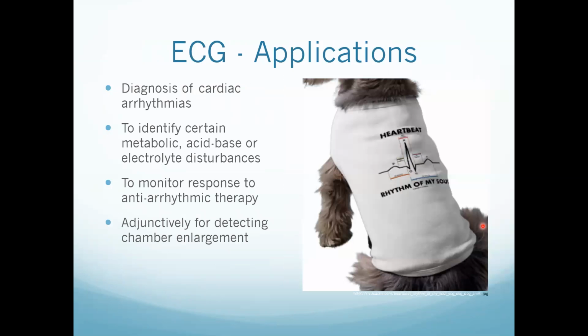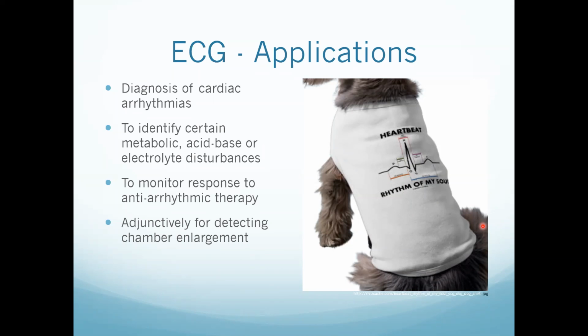So how are we going to apply the ECG itself? I guess, before we start interpreting arrhythmias, we really need to know the strengths and weaknesses of the test that we're using. We can use it to diagnose cardiac arrhythmias. That's the most important thing that we're going to assess with an ECG.